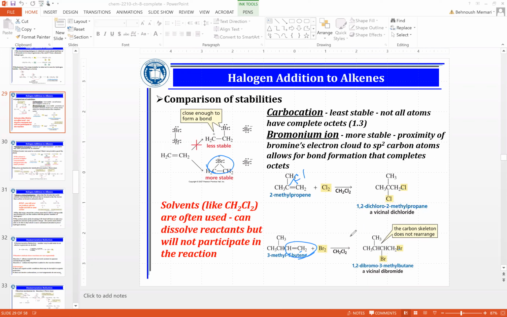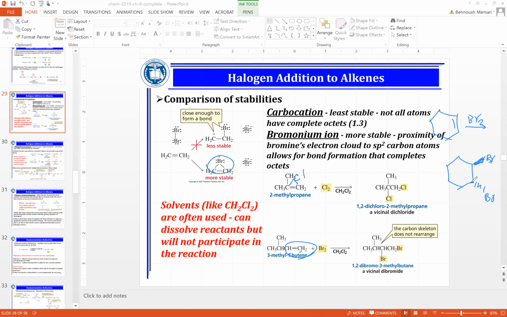Okay. Let's say you have a cyclohexene, and you want to add Br2. Then the product is going to be Br and then Br, like that, anti-addition.